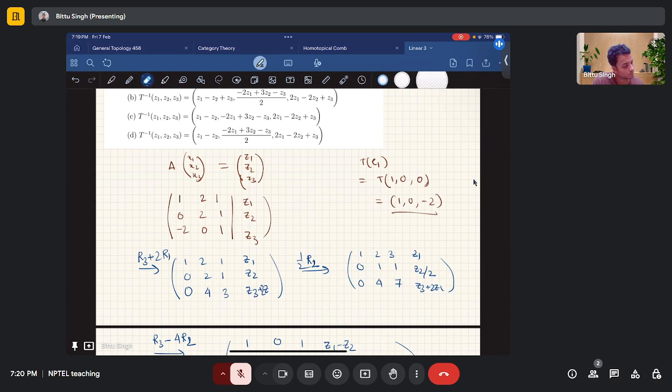This is 1, 2, 1. It is better not to perform this type of operation, but for consistency I am performing it, because fractions are a bad thing for our calculation. 0, 1, 1 half, Z2 by 2, and 0, 4, 3, Z3 plus 2Z1.